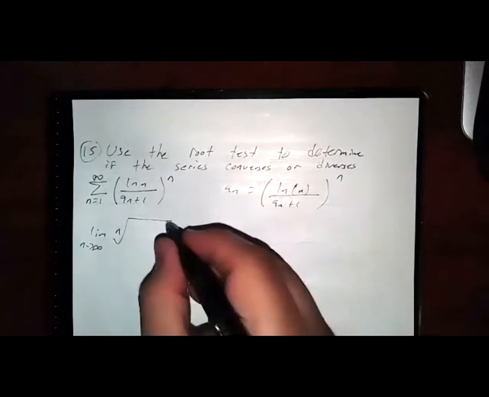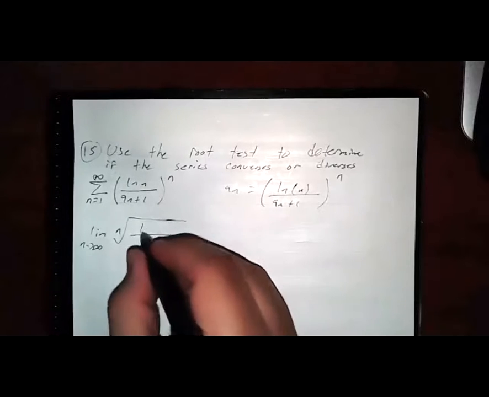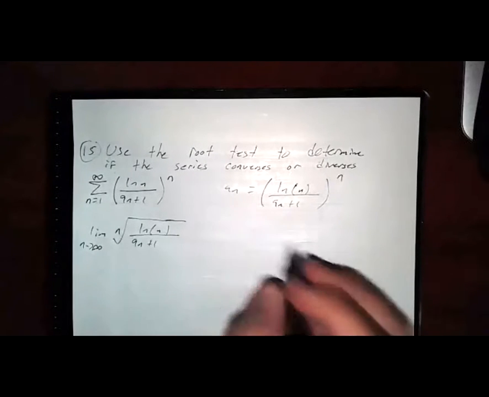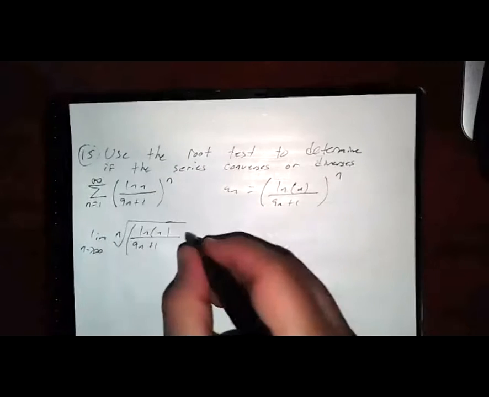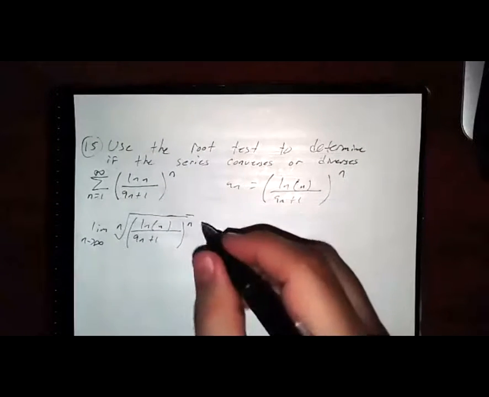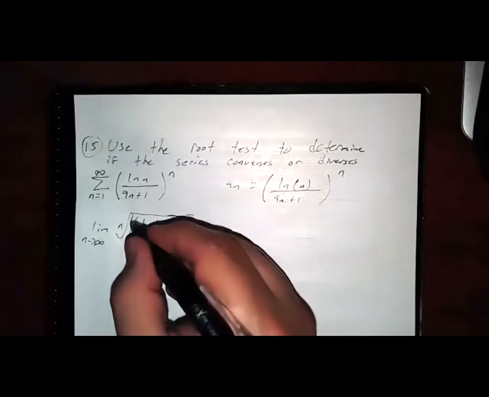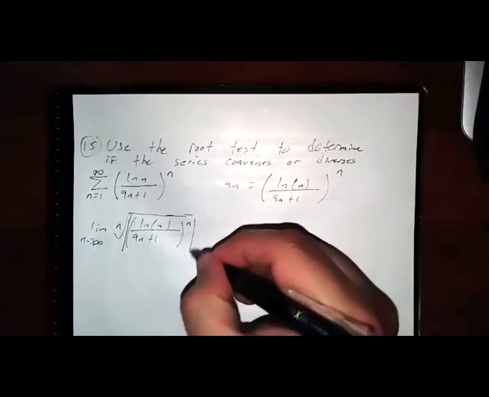So the limit of the nth root as n approaches infinity of ln n over 9n plus 1. So that's absolute value, by the way. Sorry, it's a little messy.